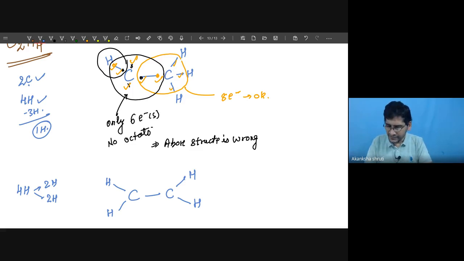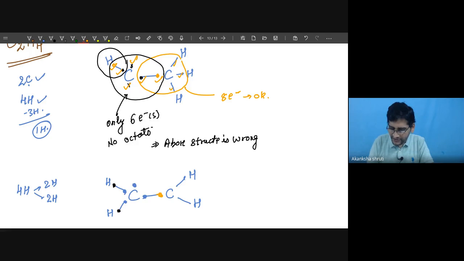After this structure, what do we have? If we consider the left carbon, it has 4 electrons in total, but 3 are shared. These are the shared ones, but 1 is still free.